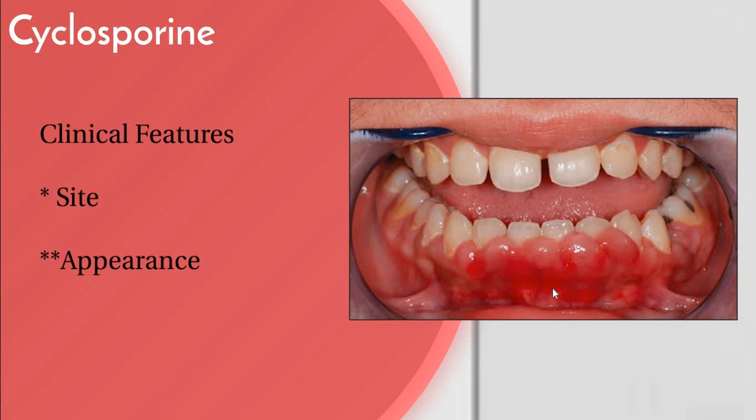It's a typical case of cyclosporine gingival enlargement. As an appearance, the tissue is usually pink, dense, and resilient, with a stippling or granular surface, and here also a little bleeding tendency.